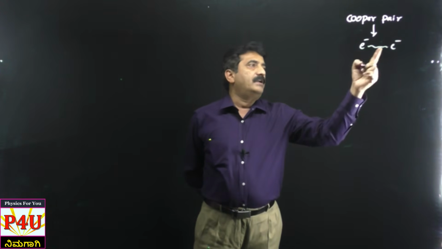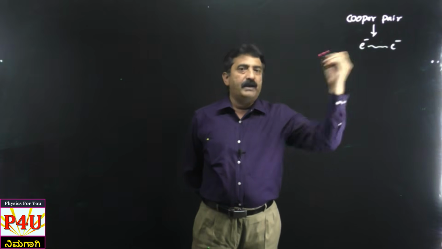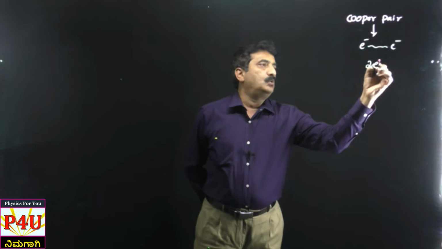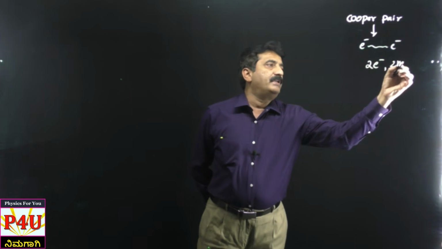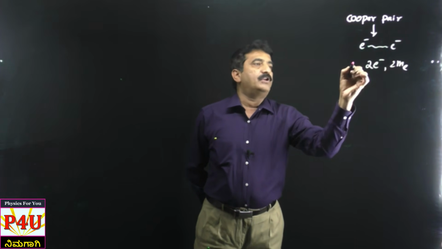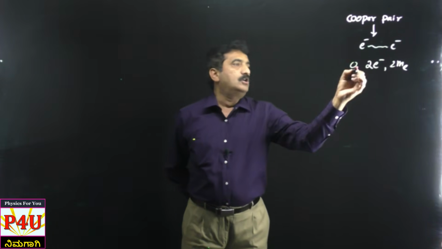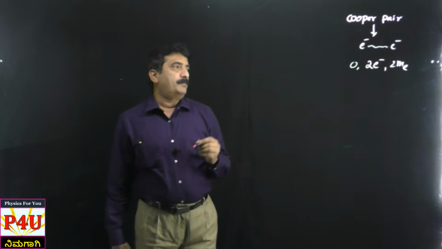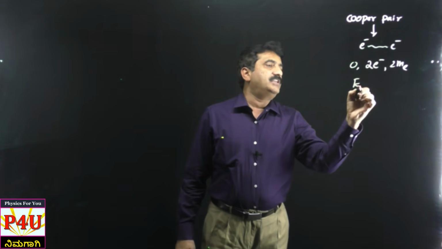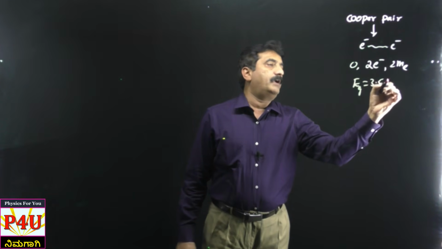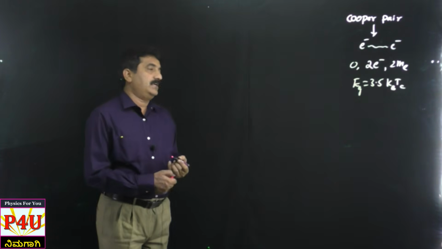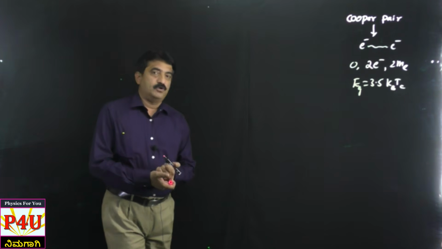When electrons interact through the lattice, they form a pair, and this pair collectively will have a charge of 2e, mass of 2me, and a spin of 0. Plus half and minus half, total spin is 0. That is the property of the Cooper pair, and these Cooper pairs will have energy Eg equal to 3.5 kB Tc, where Tc stands for critical temperature and kB stands for Boltzmann constant.